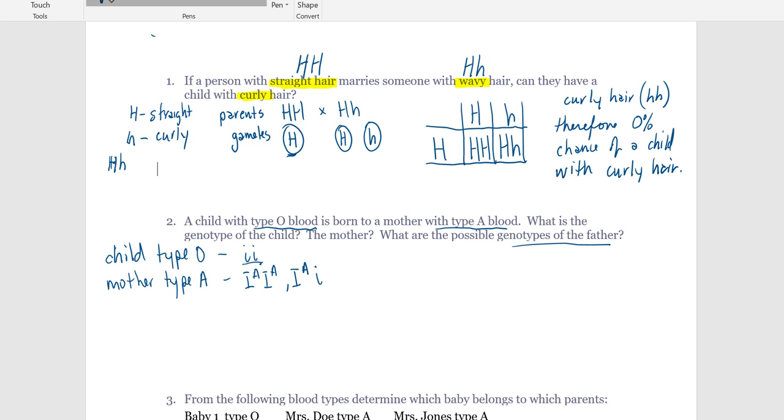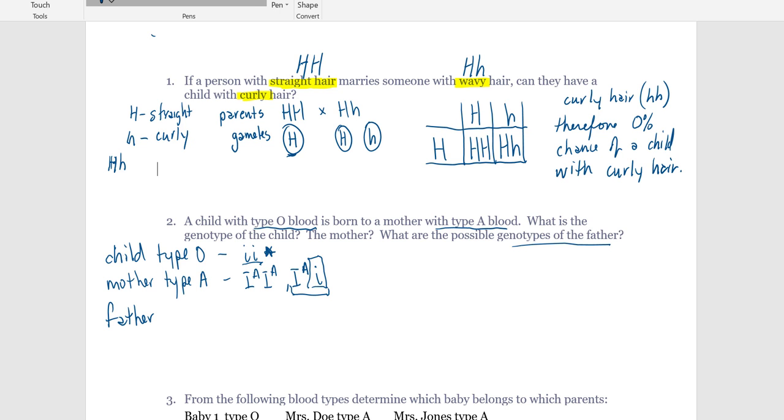The child has to inherit at least one recessive allele from mom. So therefore, that tells us that mom is heterozygous for type A. Now, as far as the father goes, again, the father has to contribute one recessive allele to the child.